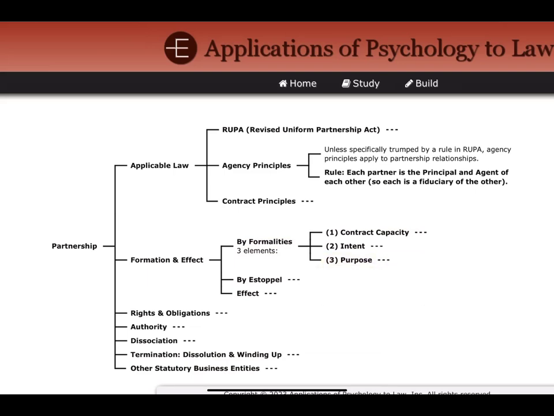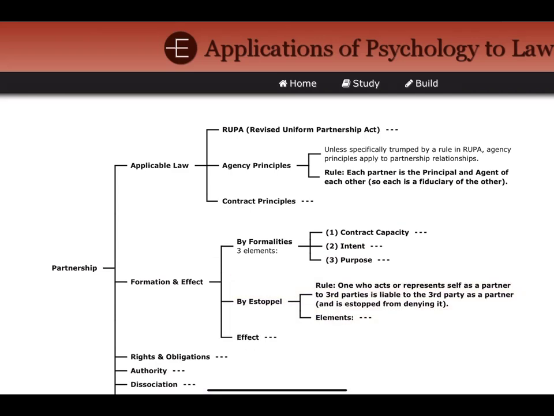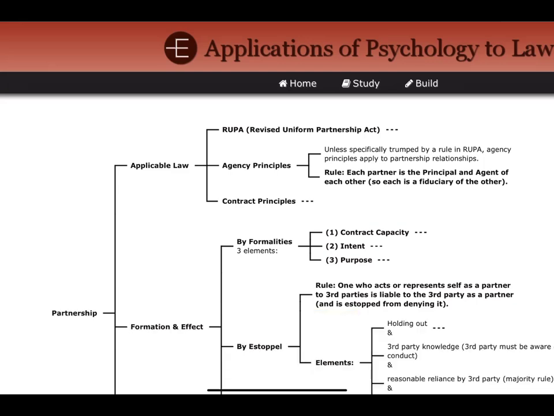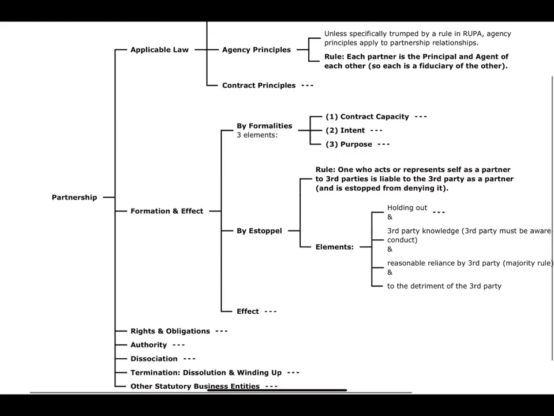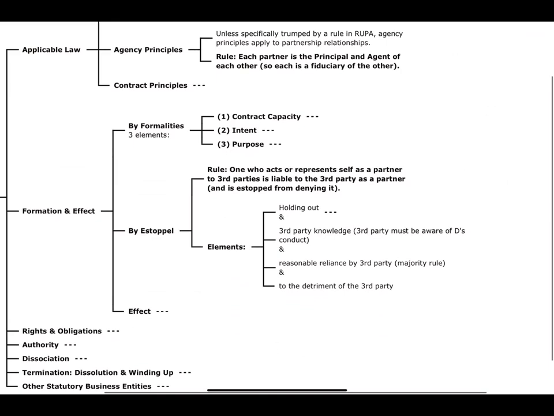But there's another way someone can be part of a partnership for legal purposes, and that's by estoppel. If someone holds himself out, acts or represents as a partner to third parties, then that person will be liable as a partner and is estopped from denying it. And there are elements to that as well.